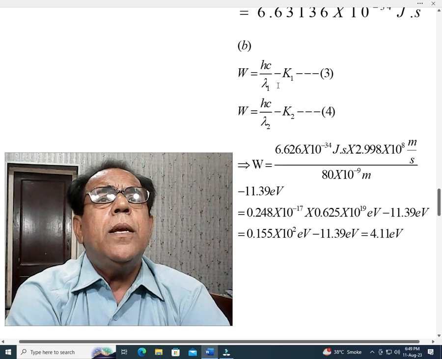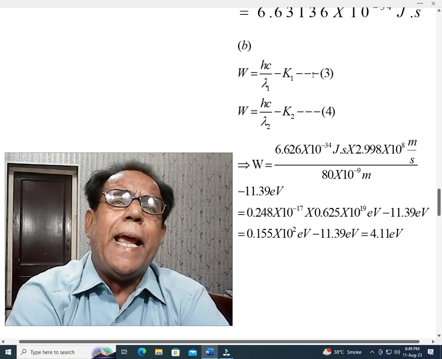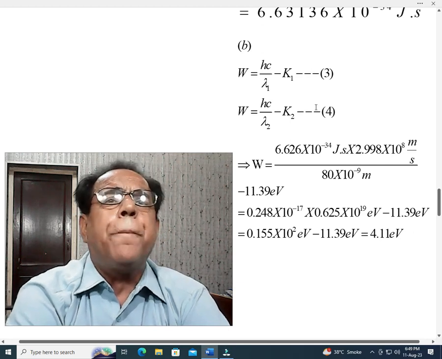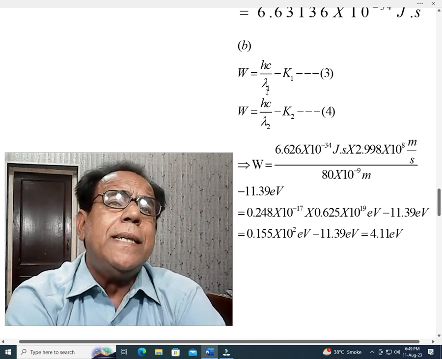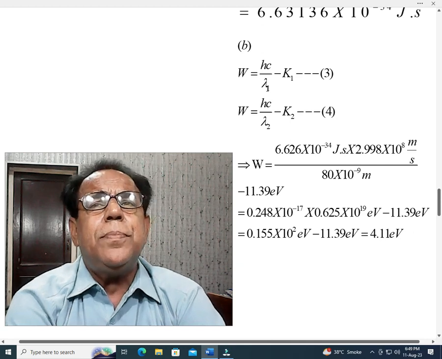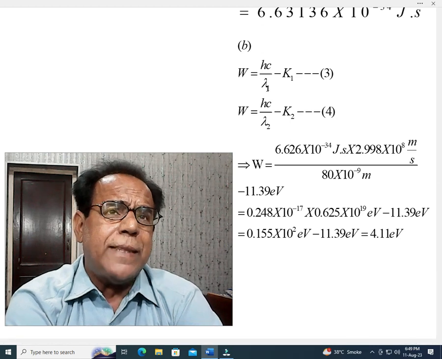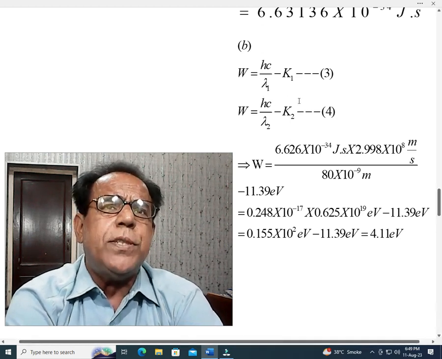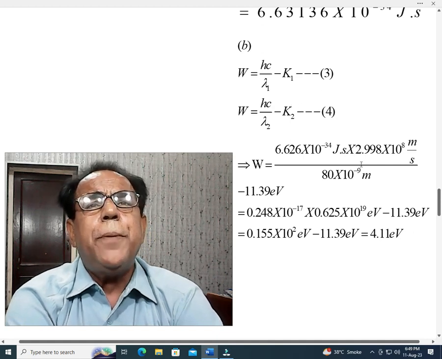Actually, equation number 3 is exactly as valid as equation number 4. We do not need to use both equations, but we are using both in order to confirm whether our calculations are close to one another.